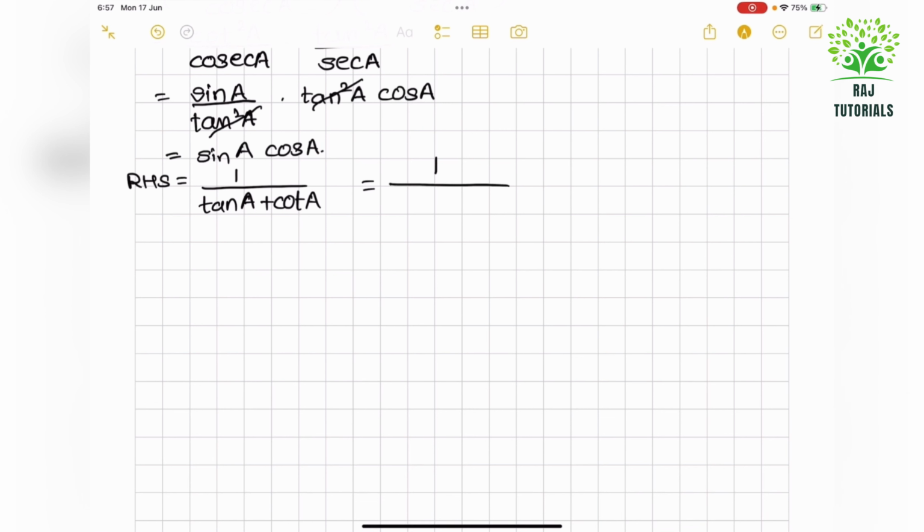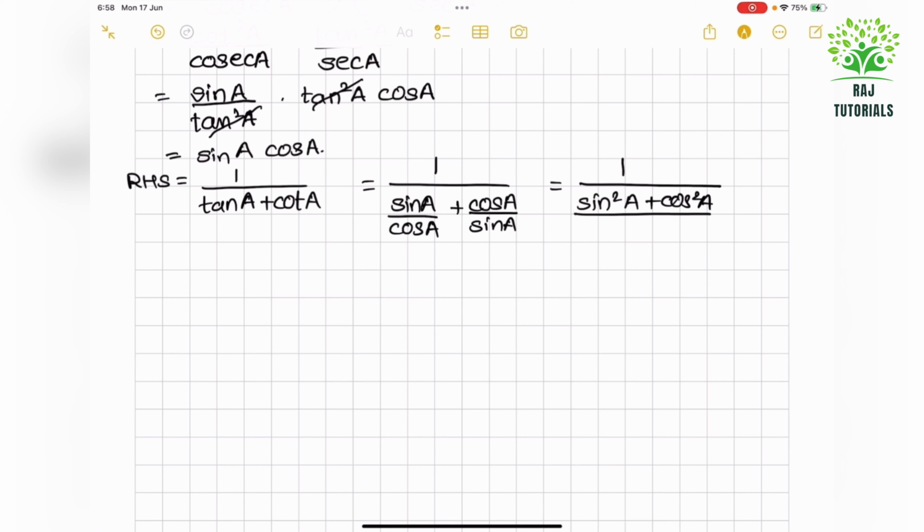1 upon tan A plus cot A. So tan A I am writing as sine upon cos, plus cos upon sine, which is cot.